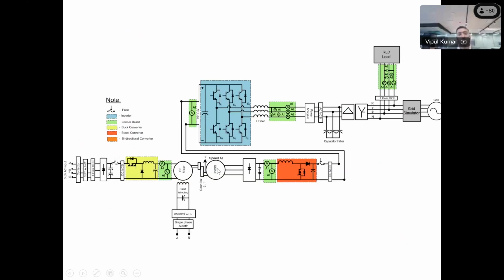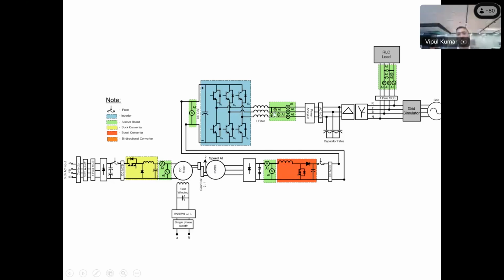After that we converted the PMIG output from AC to DC using the rectifier, and that rectified output is connected to the DC side of the inverter through a buck converter. We call that buck converter the generation buck after the PMIG. The red colored converter is the generation buck, the yellow colored is the motor buck, and the blue colored is the inverter.